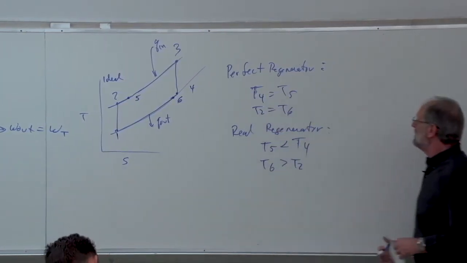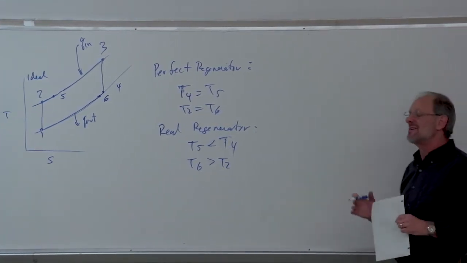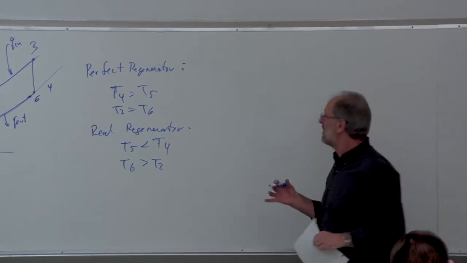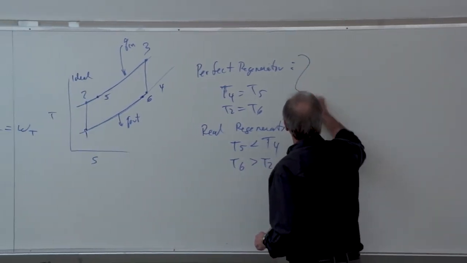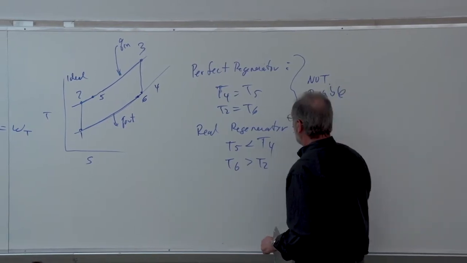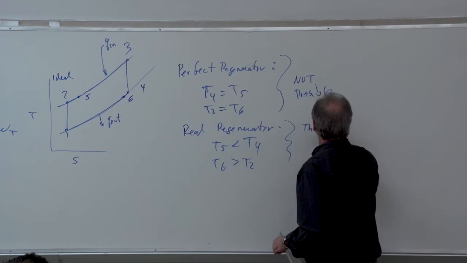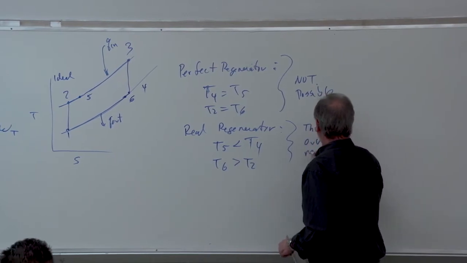Okay. So we're never really going to look at a perfect regenerator because they're not possible. It's the real regenerator that we're going to look at. So basically, this is our regenerator.